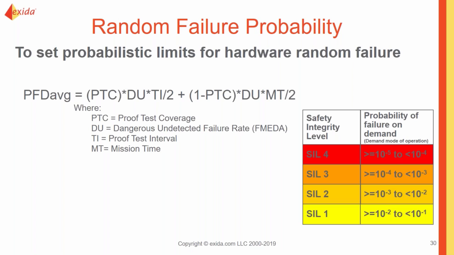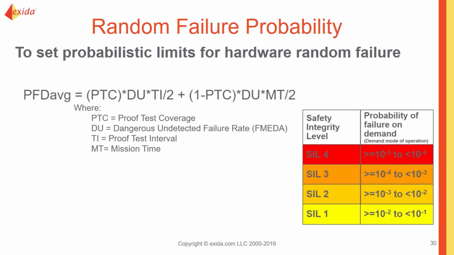As I said before when we touched on this earlier, the PFDavg is not just the most simplified equation, this is a little more complex. This takes into consideration your proof test coverage, your dangerous undetected failure rates from the FMEDA, your proof test interval, and your mission time.